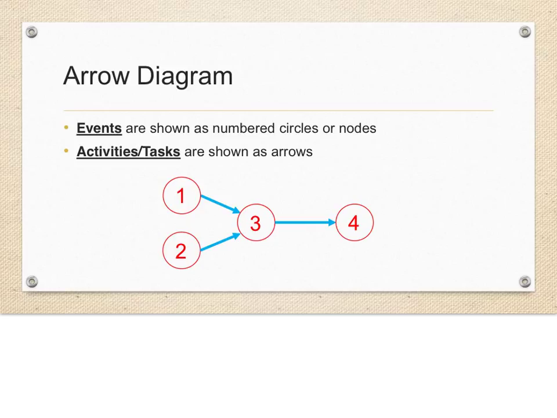Events can represent the beginning or end of one or more tasks. As we assign each task a duration, we can then use this diagram to figure out how this affects the start and finish times of all the forthcoming tasks.